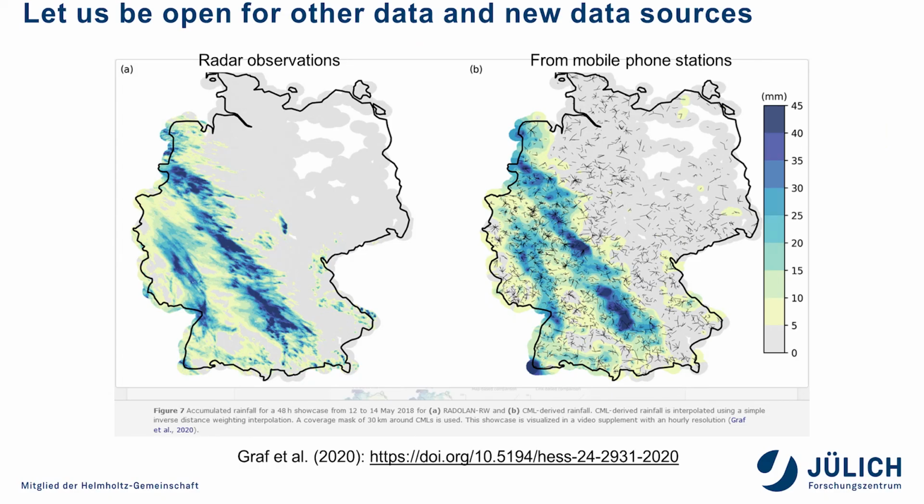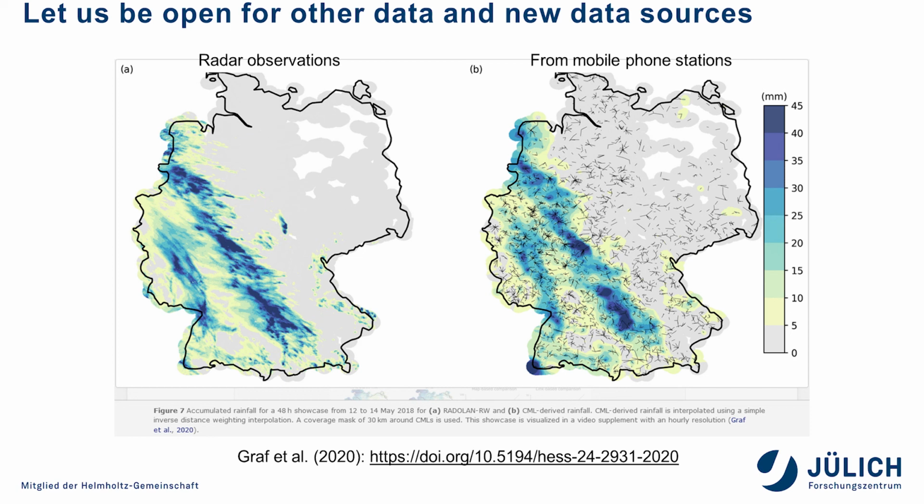What I'm showing here is just one example to encourage you all to look beyond the traditional borders of our domain science. And also, if you're curious, exploit new data sets and new technologies. So this is a study that has recently been published from the KIT, the Karlsruhe Institute of Technology, where people used the beams from mobile stations to construct precipitation maps through machine learning also.